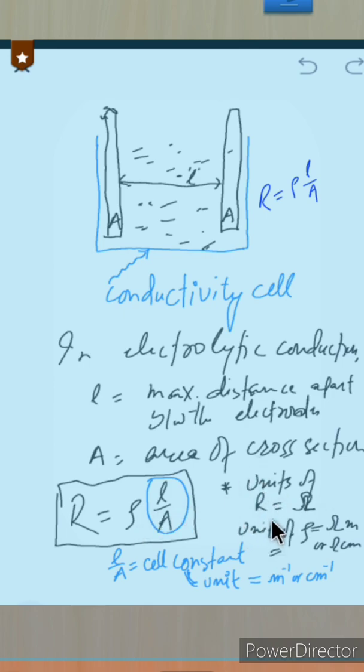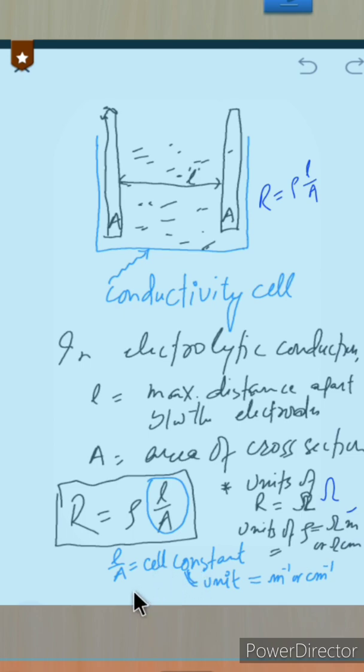Before that, let me tell you some units. Resistance is measured in ohm. Resistivity is measured in ohm meter or ohm centimeter. Ohm meter is the SI unit and ohm centimeter is the CGS unit. So the units of this cell constant will be per meter or per centimeter.